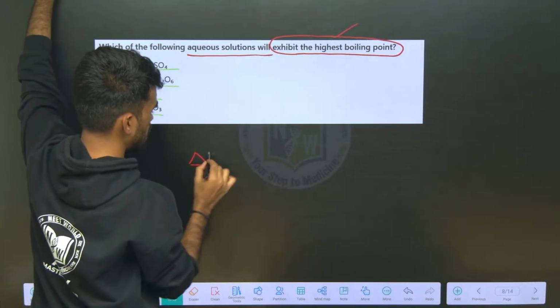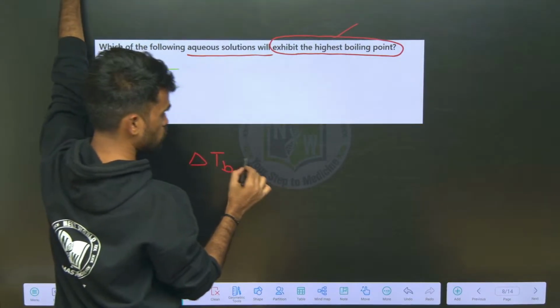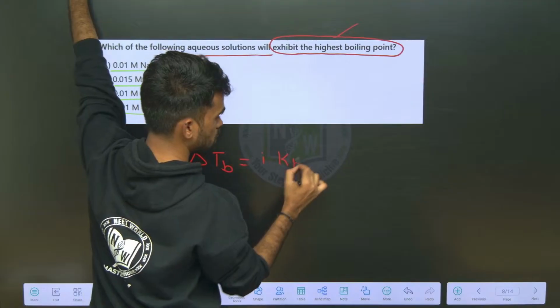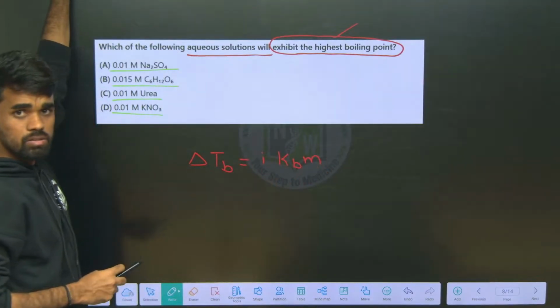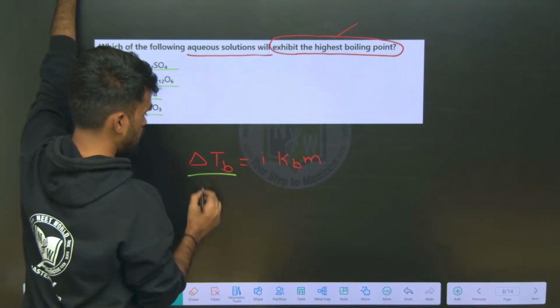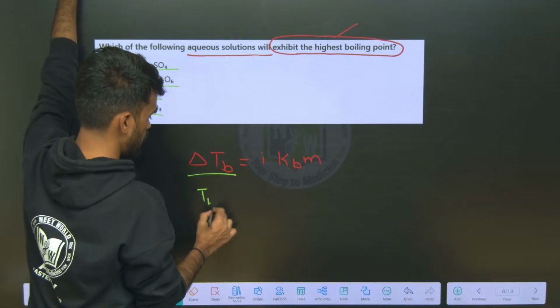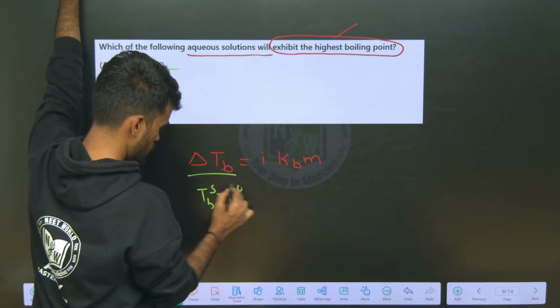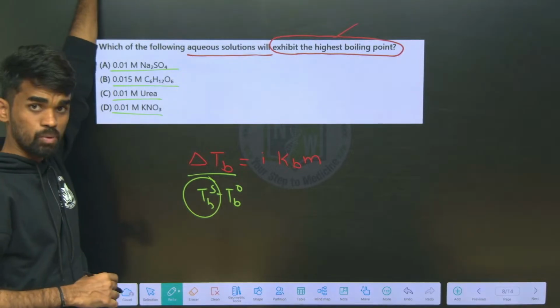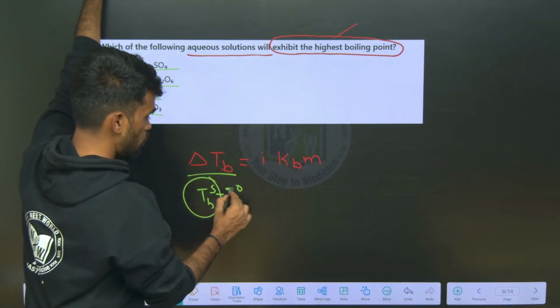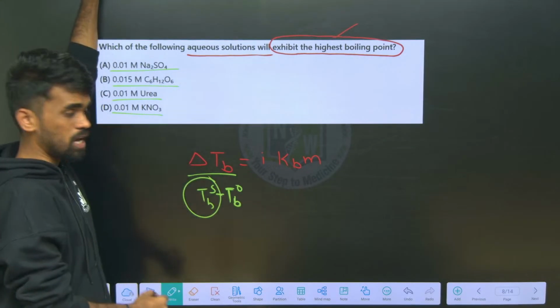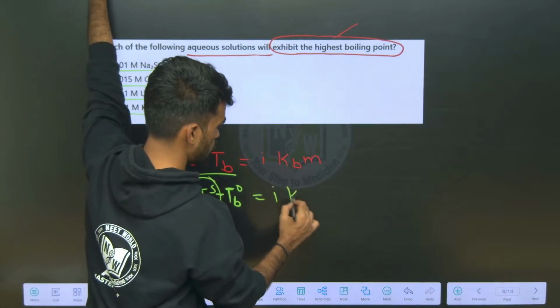So just take delta Tb equals i Kbm, as I just told you. Here delta Tb I can write as Tb minus Tb naught, the boiling point of solution minus the boiling point of pure solvent, which equals i Kbm.